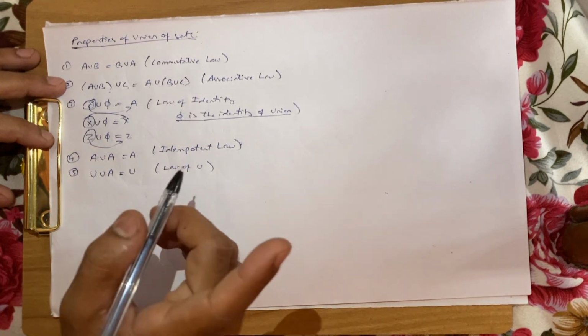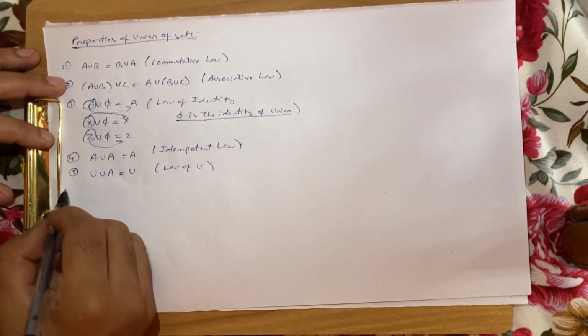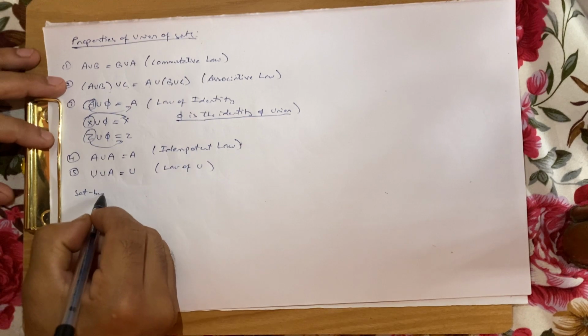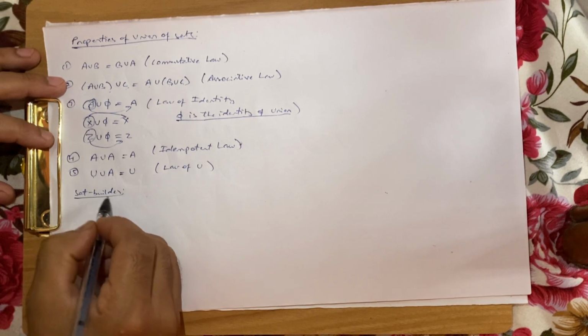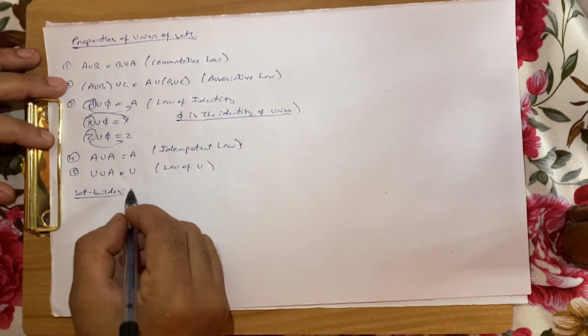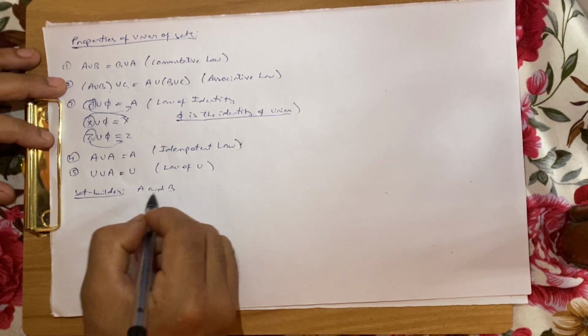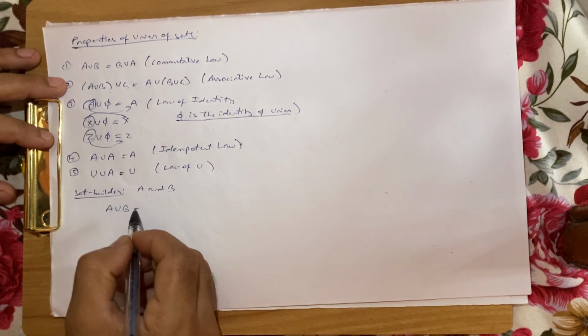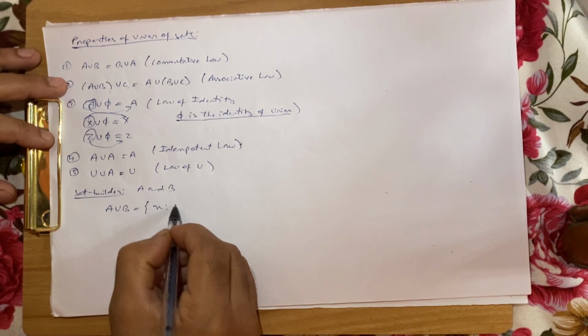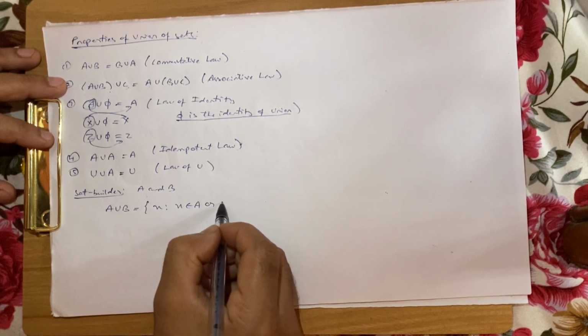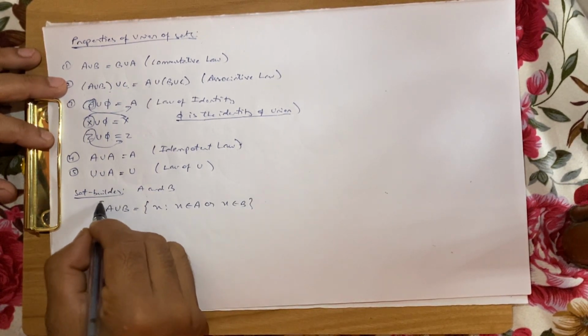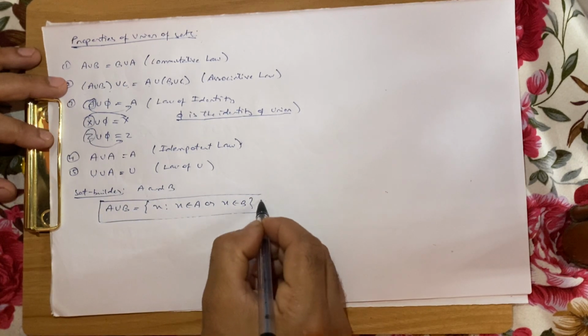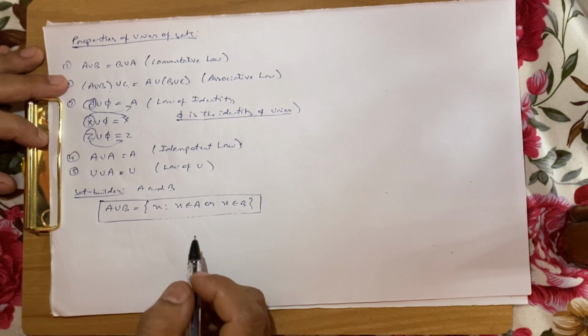So this is the law of U. And now the union of two sets in the set builder form. Okay, this is very important. Please make sure to note this down. If I have two sets A and B, let's say, then A union B is equal to X, such that X belongs to A or X belongs to B. This is the way we write union of sets in the set builder form.